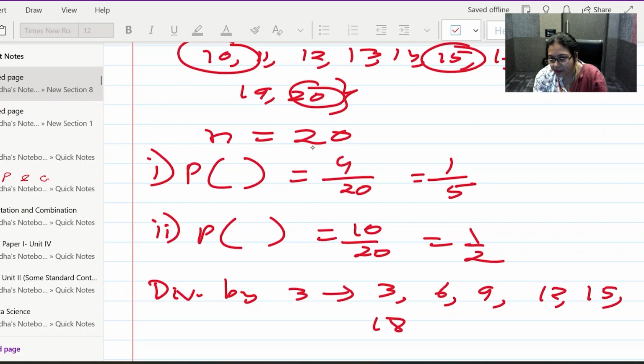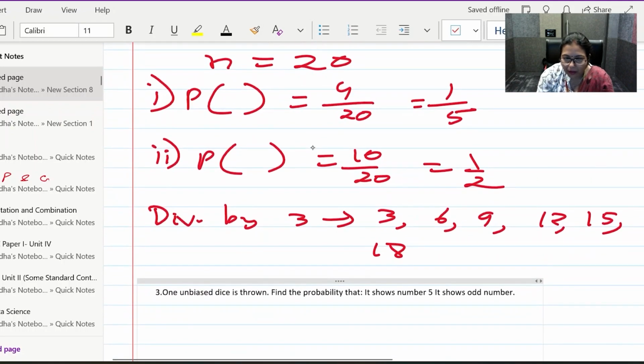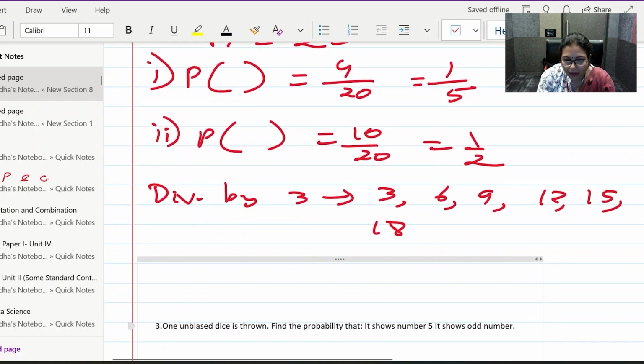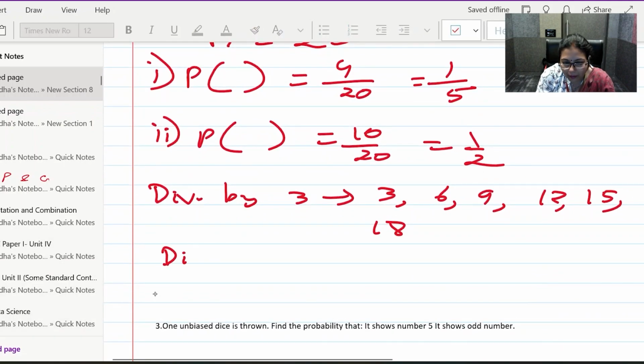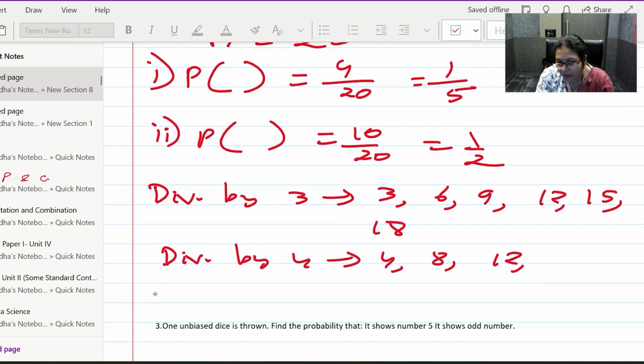These are the numbers divisible by 3 between 1 to 20. Now which are the numbers divisible by 4? Divisible by 4: 4, 8, 12, 16 and 20.